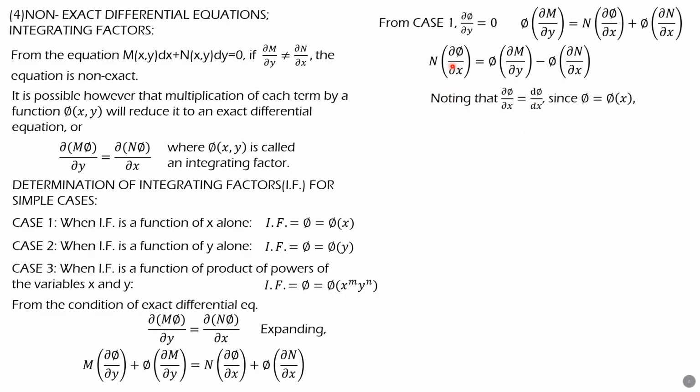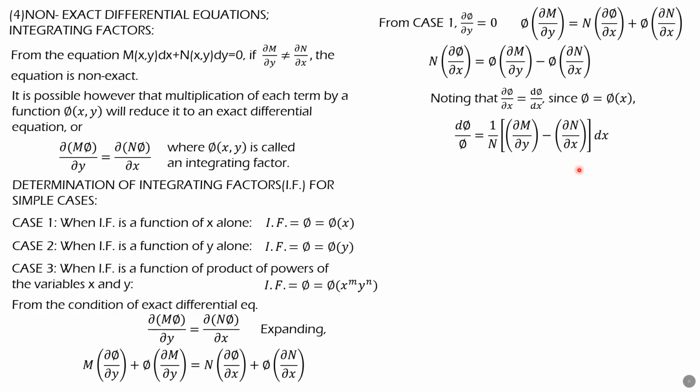So we can replace this by the derivative of P with respect to x, then divided by P after we factor this out, then equals 1 over N times the quantity partial derivative of M with respect to y minus partial derivative of N with respect to x. That is, dP over P equals 1 over N times the quantity partial derivative of M with respect to y minus partial derivative of N with respect to x.